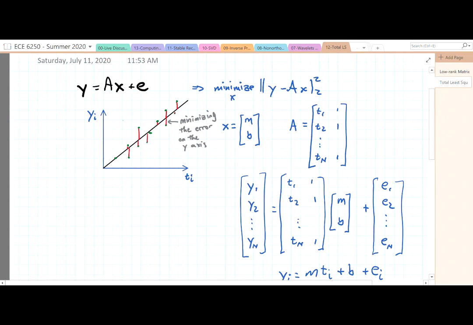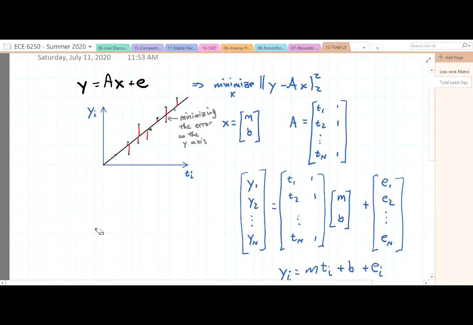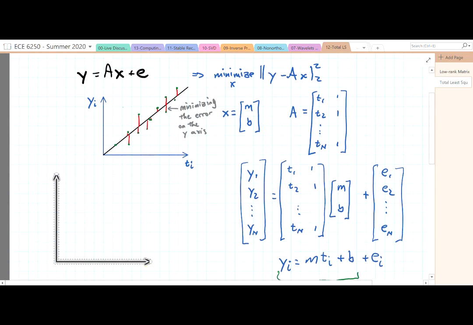Well, you might recall that there was a time when we talked about maybe minimizing the distance to a line. It was a slightly different context. But sometimes, let me try that in a different color, sometimes we may want to minimize differently.